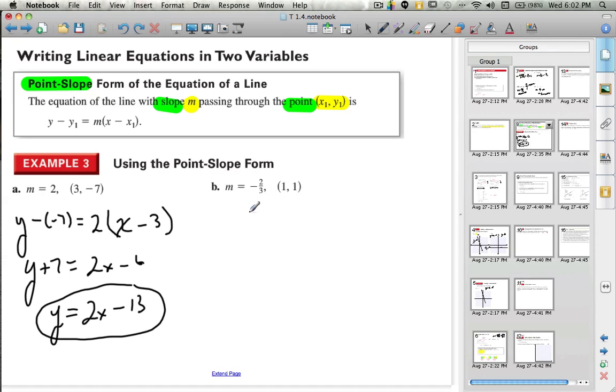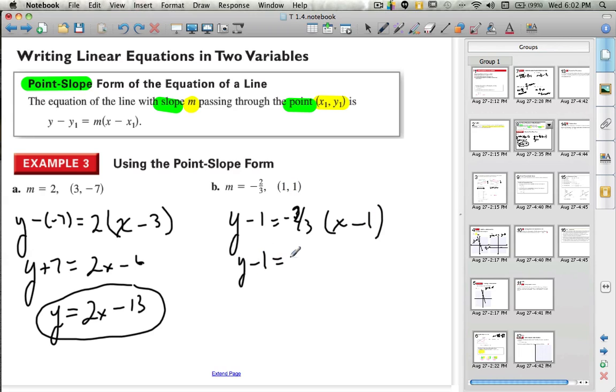In this case, same idea. I just happen to have a slope that's negative, and it also is a fraction, but I'm still going to use y minus the y coordinate from the point, is equal to the slope, negative 2/3, times x minus the x coordinate from the point.